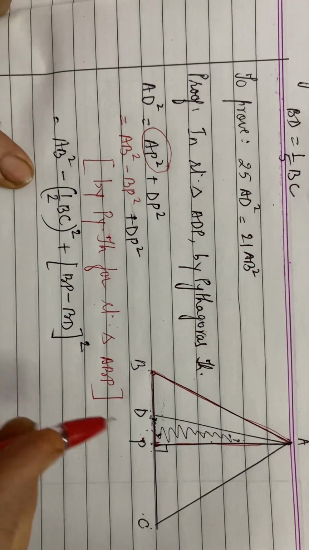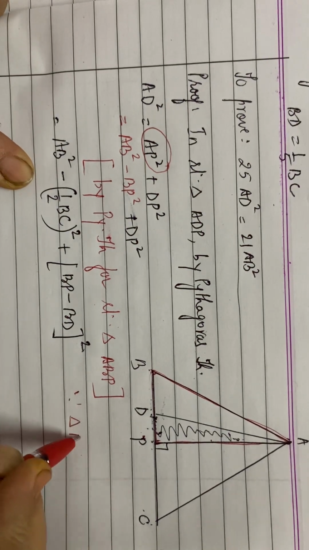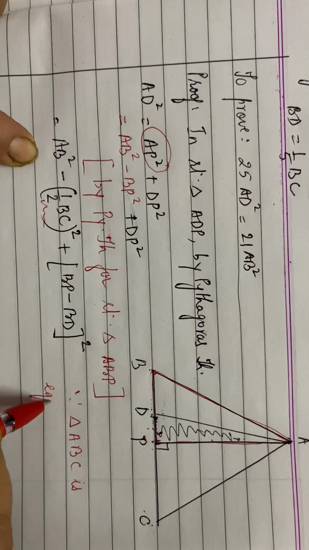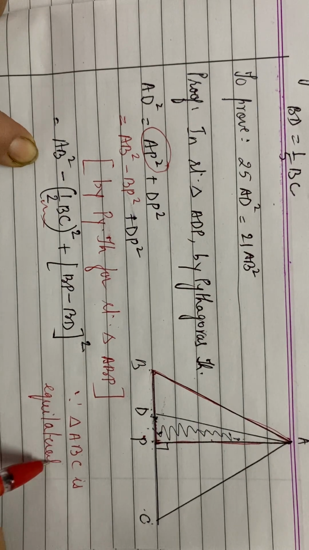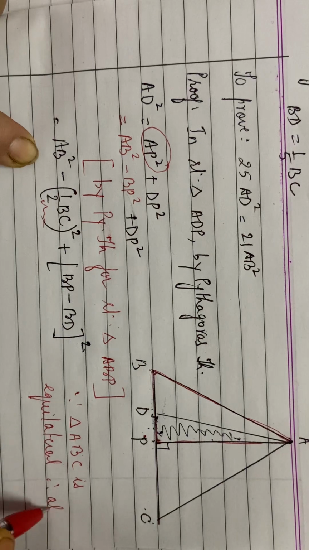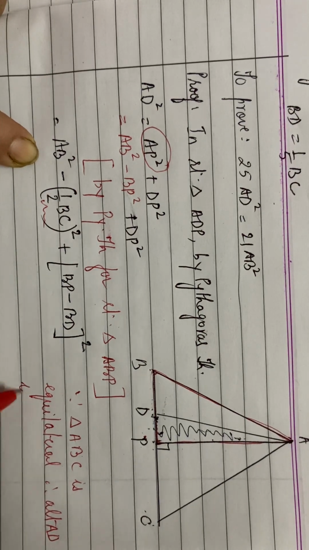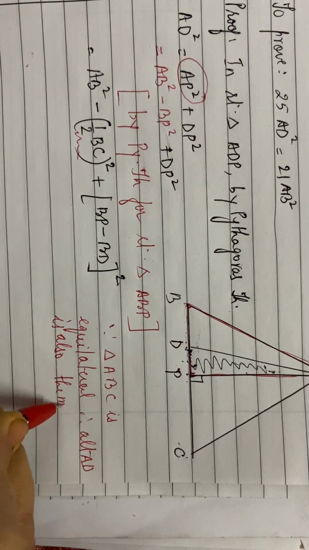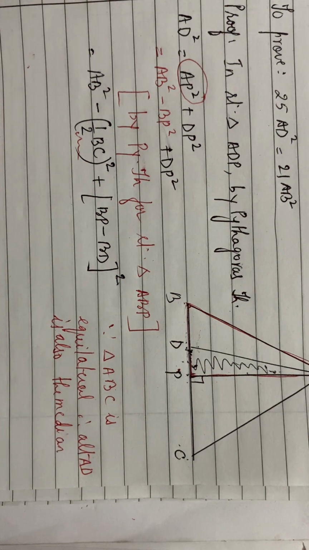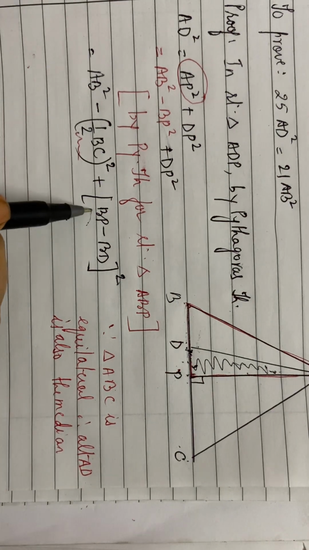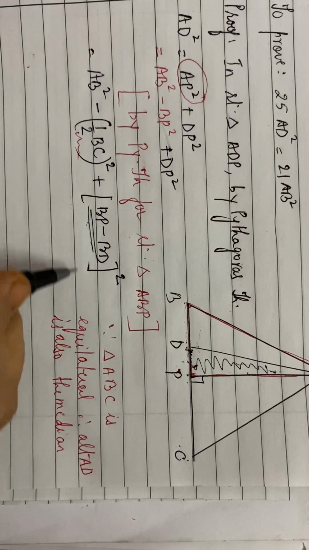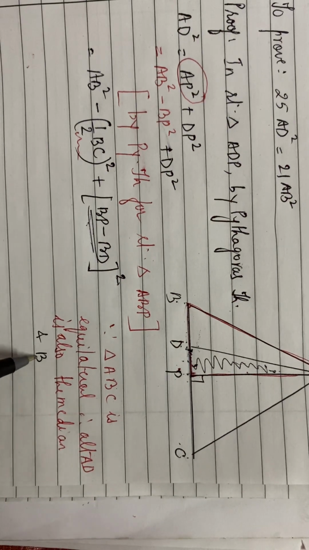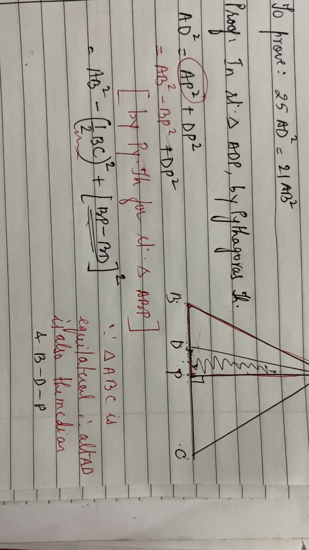The reason we'll put here for this: since triangle ABC is equilateral, therefore altitude AD is also the median. Okay, it is also the median. And for this step, what is the reason? The reason for this step is since B, D, P are collinear. Fine.